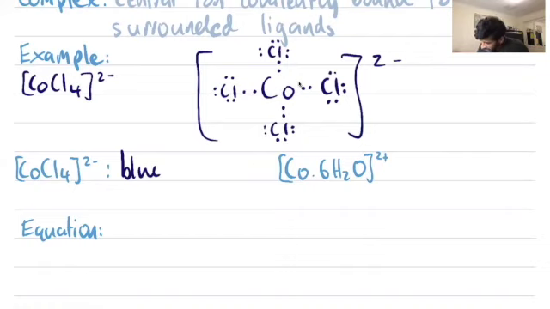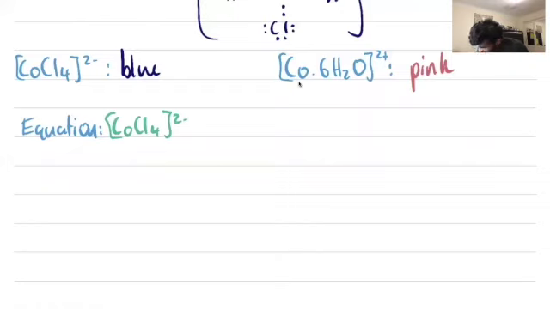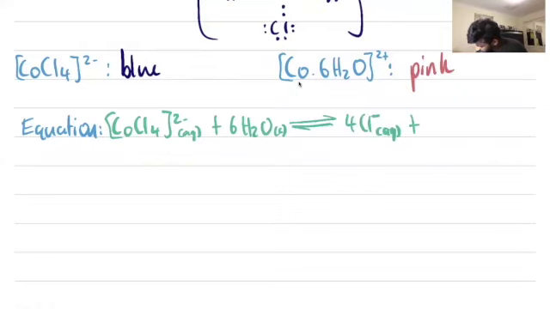So the equation we actually have for this equilibrium is cobalt tetrachloride, 2 minus, reacting with 6 waters, which are liquid, to form 4 chloride ions plus cobalt hexahydrate. This is the equation I want you to use whenever you're talking about this prac or the LCP prac for hydrated cobalt chloride.